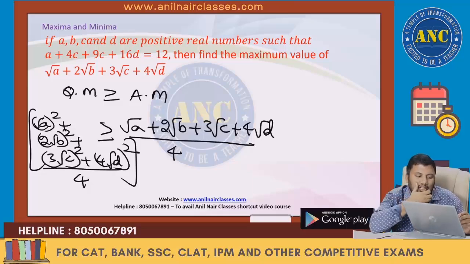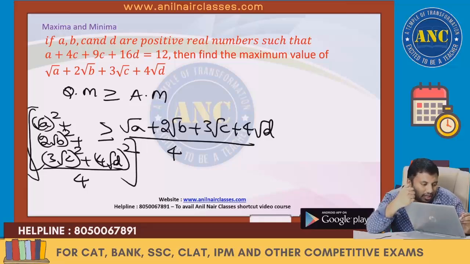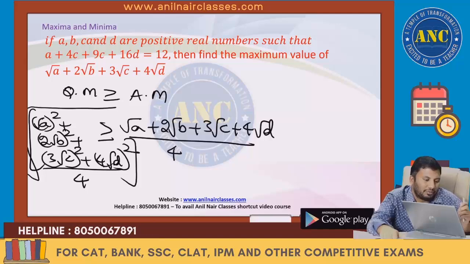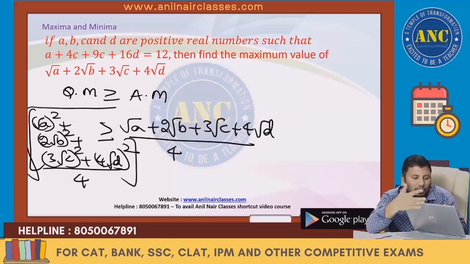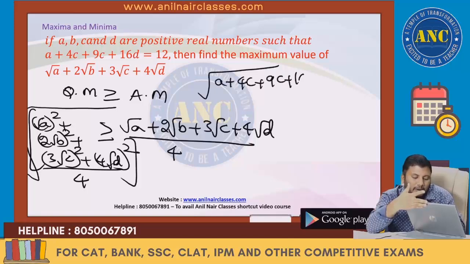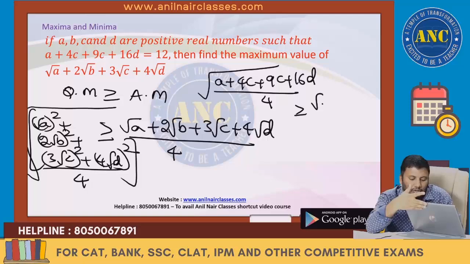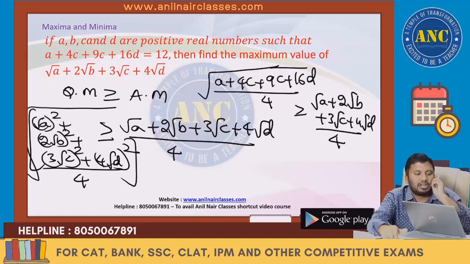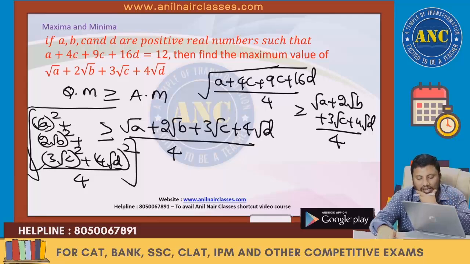These are nothing but a plus 4b plus 9c plus 16d. We got the answer, right? So these are nothing but square root. Quadratic mean is square root. So root of a plus 4b plus 9c plus 16d by 4 greater than or equivalent to this value, root a plus 2 root b plus 3 root c plus 4 root d divided by 4. Substitute it, you got the answer. I hope it is clear.